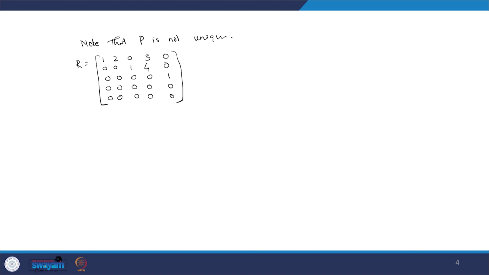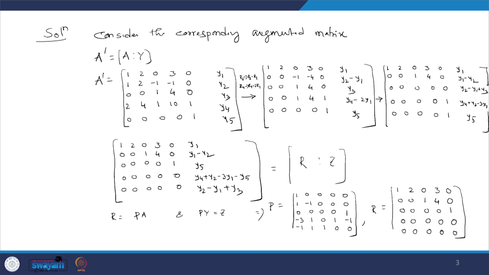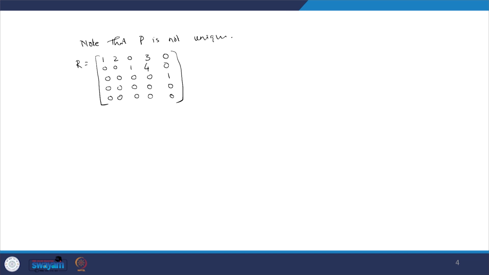Now, my second question was: find an ordered basis B for the row space of A. Already we have proved the row space of A is basically the row space of R. Now, in R there are 3 non-zero rows.